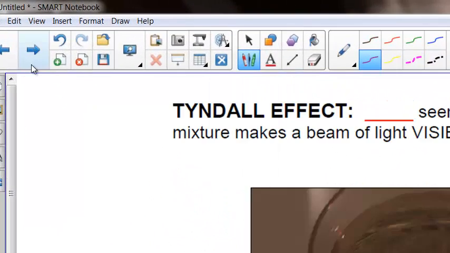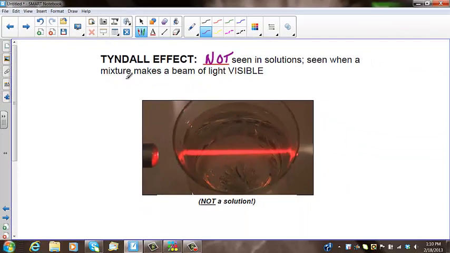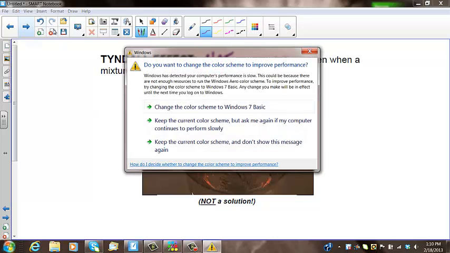So what is Tyndall effect? Tyndall effect, first of all, is not seen in solutions. It is seen only when a mixture makes a beam of light visible. So in this example right here, when the laser light is projected through a mixture, if you can see the light, you know it is not a solution.